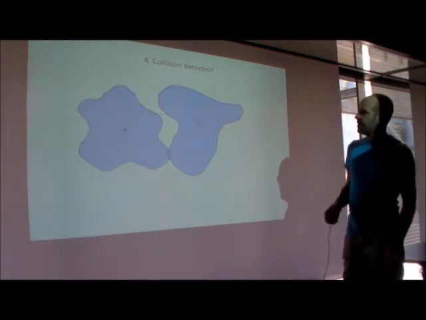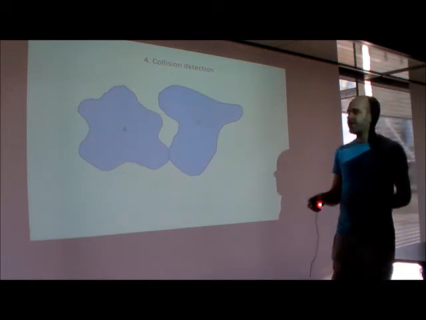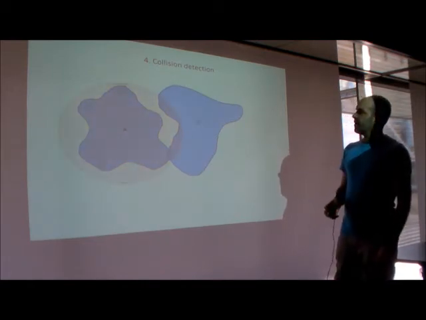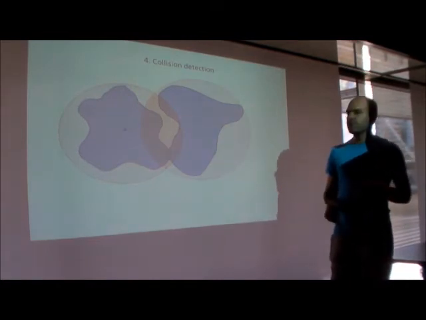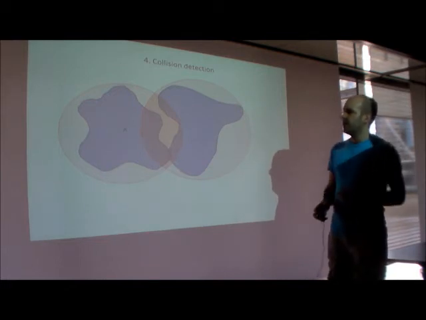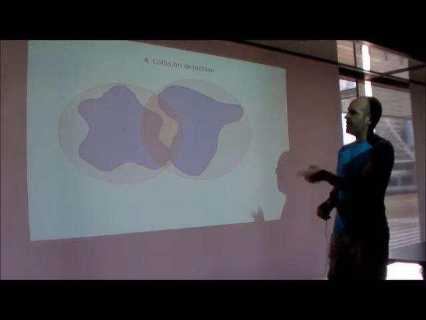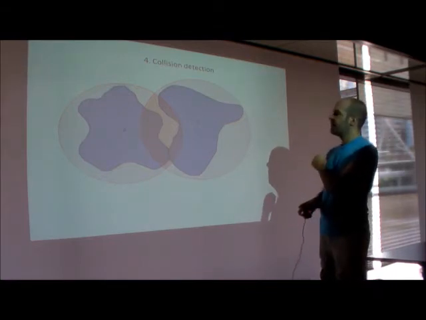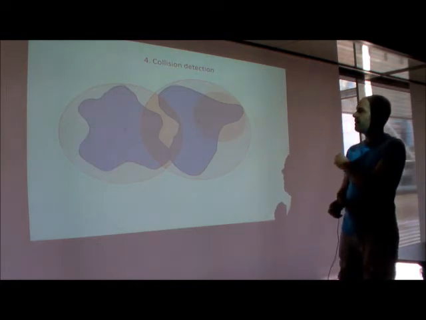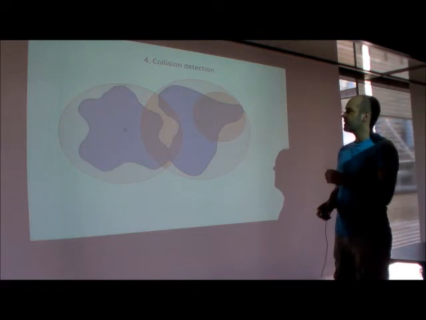Because we're using a sphere tree, we can make use of it and iterate it like this. We've got the two roots of these two spheres here, and we know that the two spheres are intersecting, so we need to go deeper. B is the larger sphere, so let's split B up first, and it may split up into, for example, three smaller spheres.